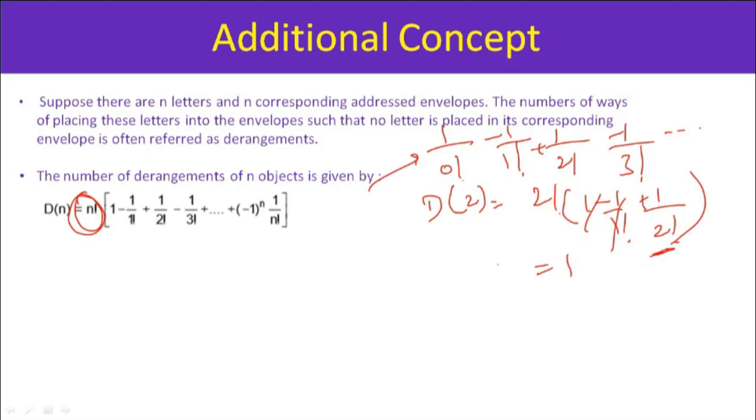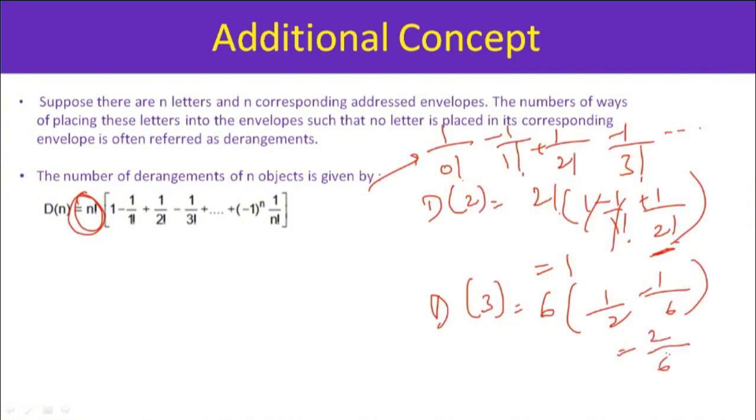We just checked for 2, right? If I have to derange 3, it has to be 3 factorial, which is 6. This will get cancelled. 1 upon 2 minus 1 by 3 factorial, which is 6. So 3 minus 1, 2 by 6, into 6. 6 gets cancelled.